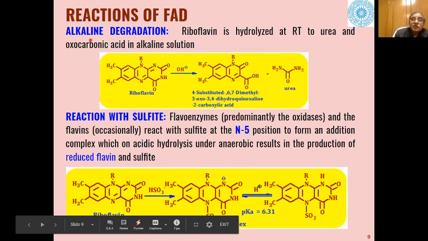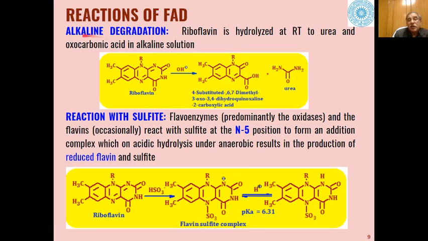Then various reactions of FAD. FAD can undergo alkaline degradation. Riboflavin on reaction with alkali is converted into this type of carboxylic acid with the removal of urea from here.